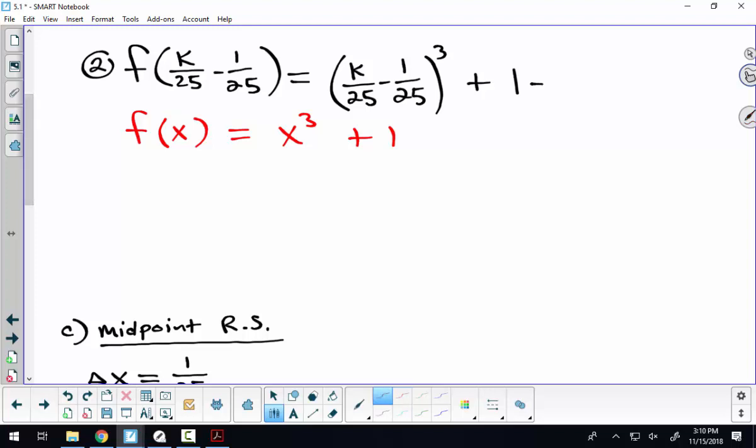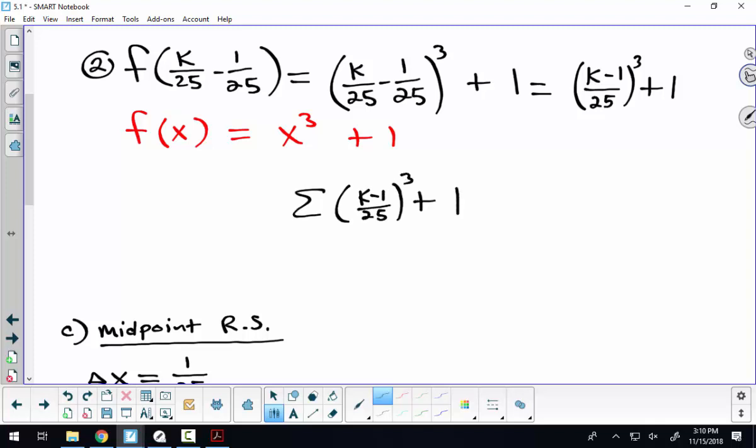So the idea here is now this thing is what gets summed. So we've got to put that in front of the summation. That's our f of x star, and then we have our delta x out here. Remember, we're summing all of this stuff.